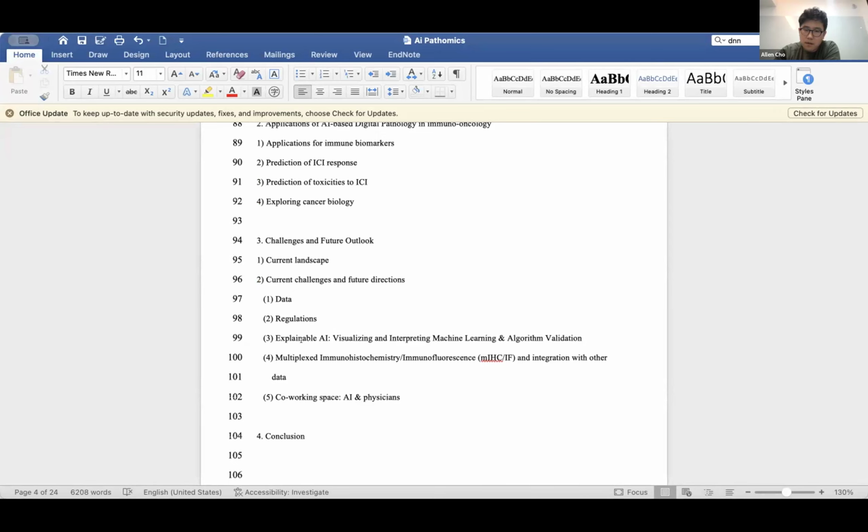So challenges, current landscape, current challenges and future direction, data, regulation, explainable AI, multiplexed integration with other data.